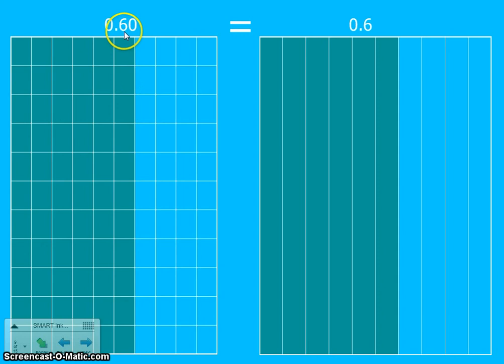Well, if we notice the 6 is in the same position on both decimals, our decimal is the same, it's equivalent. They've just added a 0 after our 6. If we added a 0 after our 6 here, or 5 zeros, they would still be the same number.